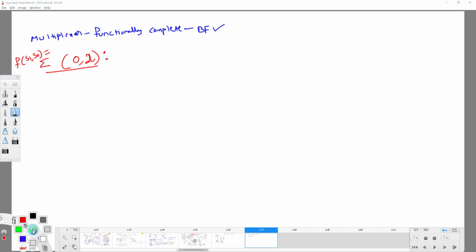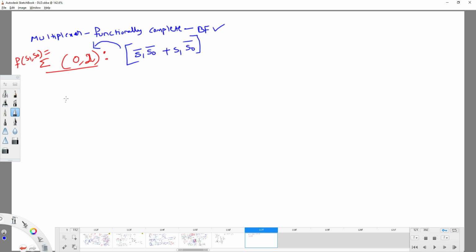So if you draw the corresponding function, before writing this, the actual function will look like this: S1 bar S0 bar, or how are we going to represent the 2? S1 S0 bar. That's it. This is the corresponding Boolean function. I have converted this Boolean function into this respective representation.